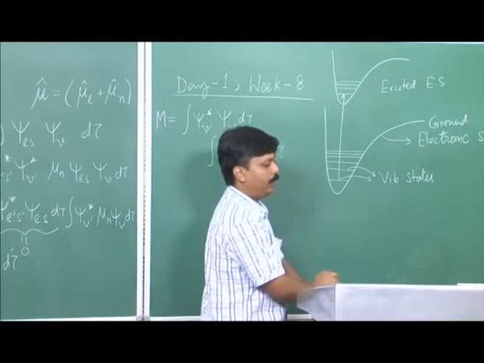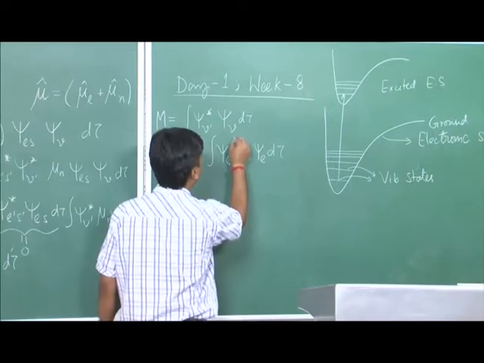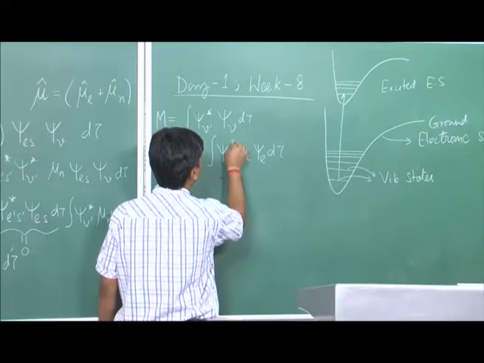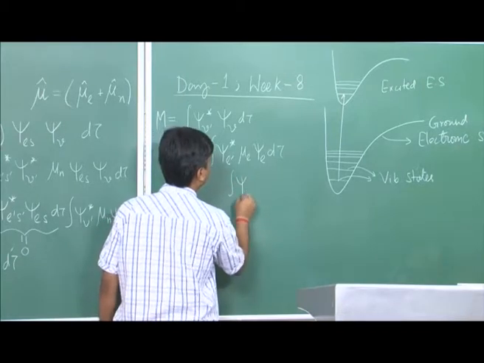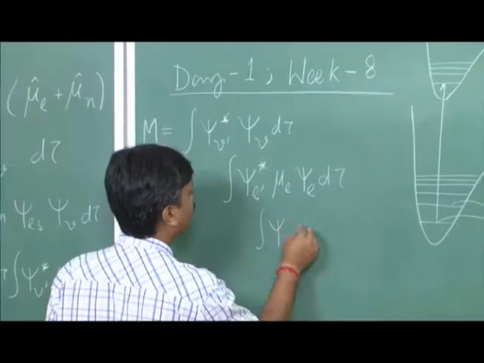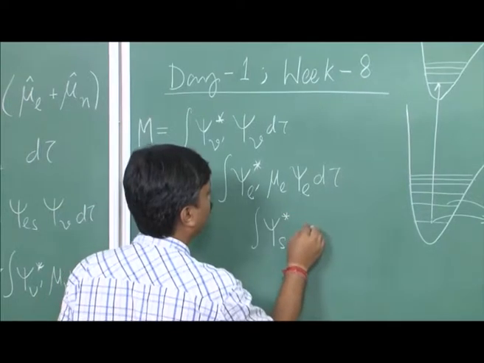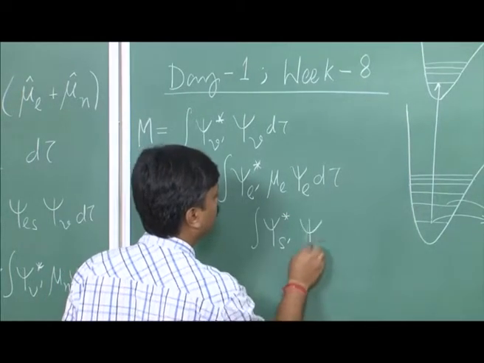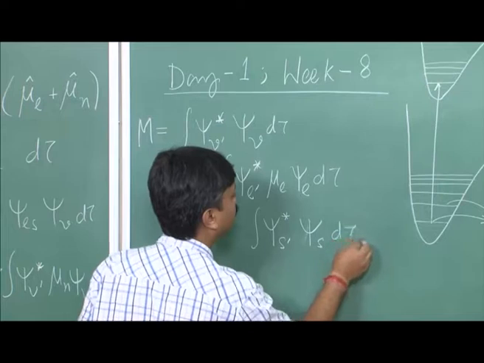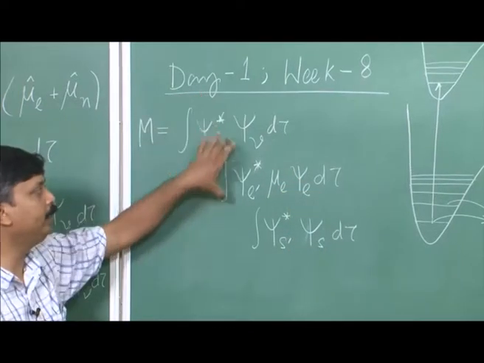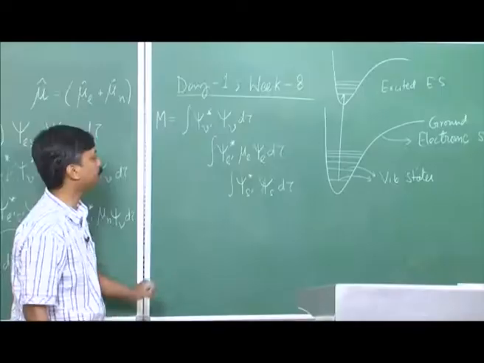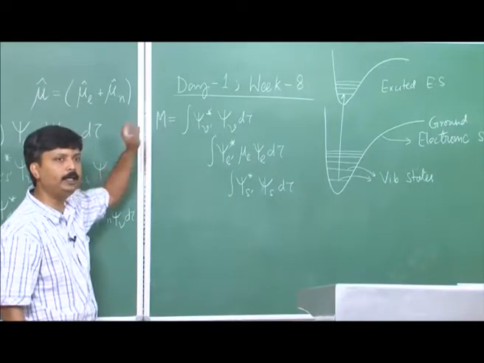So we ultimately got three integrals, the product of three integrals, as my transition moment integral.